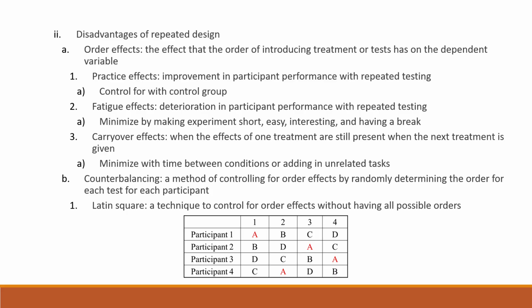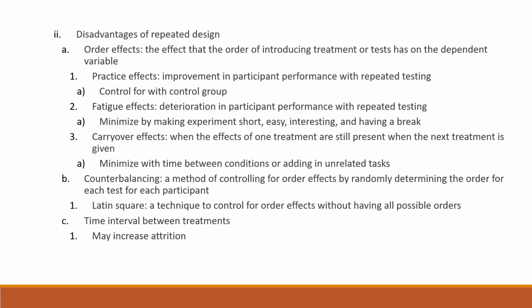You can see that participant 1 experiences condition A first, participant 2 experiences condition A third, participant 3 fourth, and participant 4 second. Condition A, B, C, and D each have a turn showing up as condition 1, 2, 3, and 4.